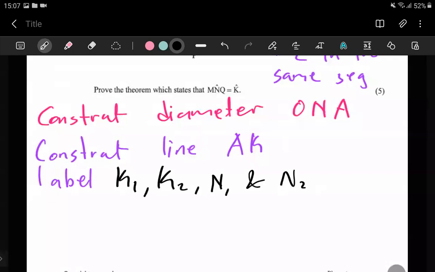Just label those, because if you label those, you'll be good. If you label all those, then you'll be in a good spot.